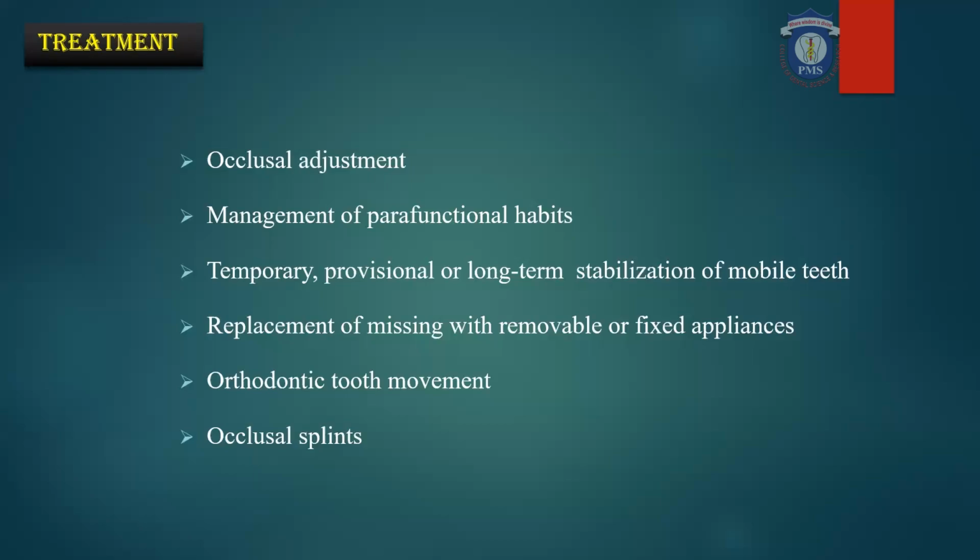What clinical features and radiographic signs are there, and what tissue responses can be categorized into 3 stages: injury stage, repair stage, and adaptive remodeling stage. And is there any influence of trauma from occlusion on the progression of periodontal disease? That is proved by various concepts, mainly Glickman's concept and Wareham's concept. So these are the important contents we have to read from this topic.